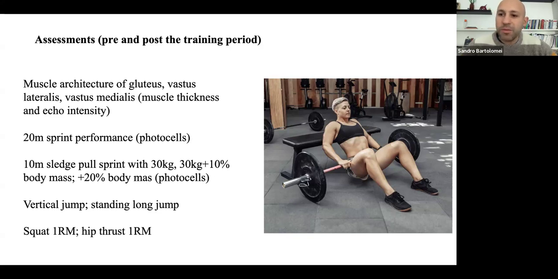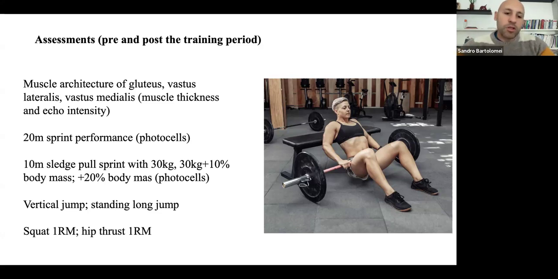Echo intensity was measured before in some studies, but acute studies, assessing the recovery phase following a single session of training.